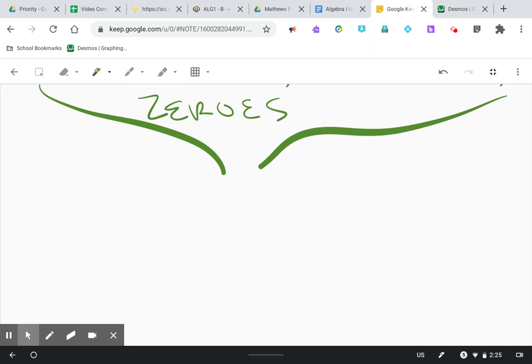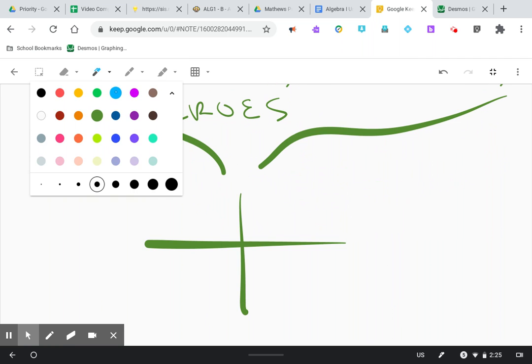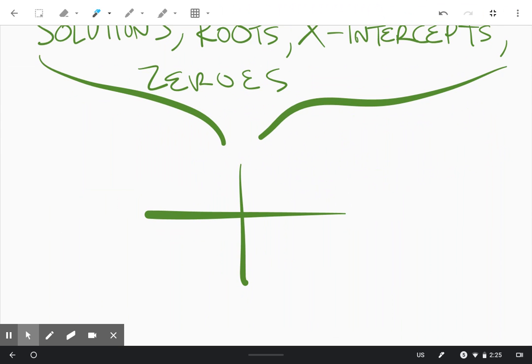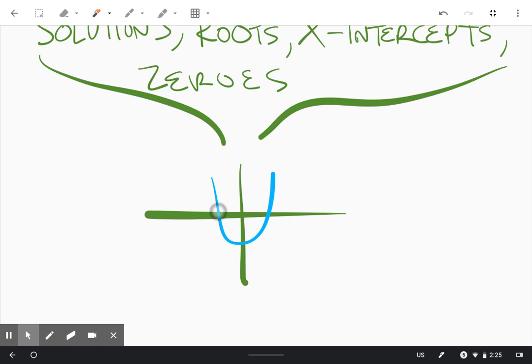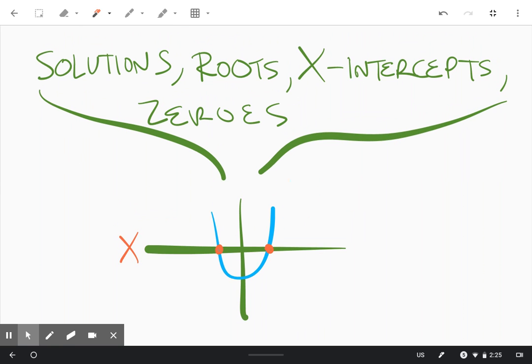And what they refer to is when I'm looking at the graph of a quadratic function, I'm talking about these points right here where the graph crosses the x-axis. Those are all names for this thing that you see here on the screen.